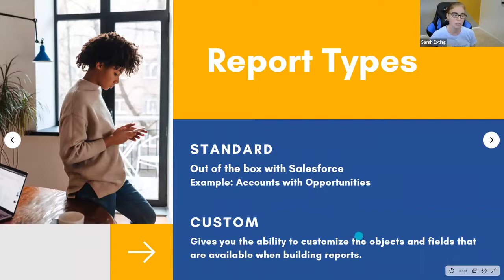And custom report types give you the option of adding in various factors, like I want accounts with or without opportunities. What that will do is pull in the opportunity fields as available fields you can put into your report without having to exclude any accounts.